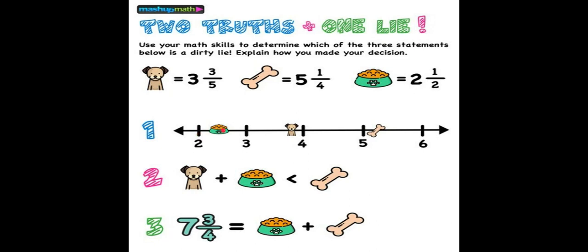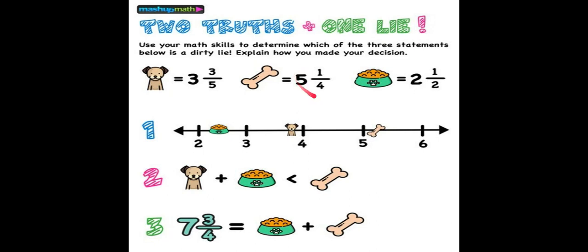So the dog bowl was 2 1/2, and this definitely makes sense. It's more than 2, so we know it's between the 2 and the 3, and it's pretty much right in the middle, which would make it the half. The dog is 3 3/5. I know that 3/5 is greater than a half, because half of 5 would be 2 1/2. So this one is a little more than a half, but not quite touching the 4 yet.